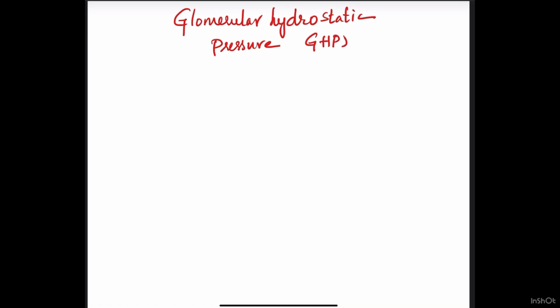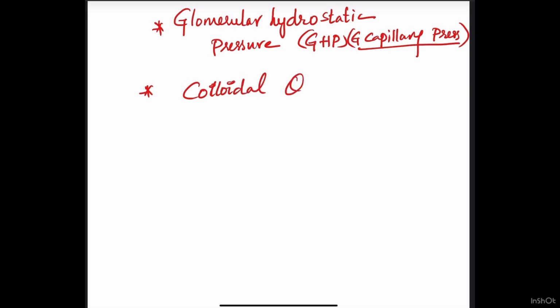This is the glomerular hydrostatic pressure, GHP, or you can consider this the glomerular capillary pressure, GCP. The other pressure is the blood colloidal osmotic pressure, BCOP.